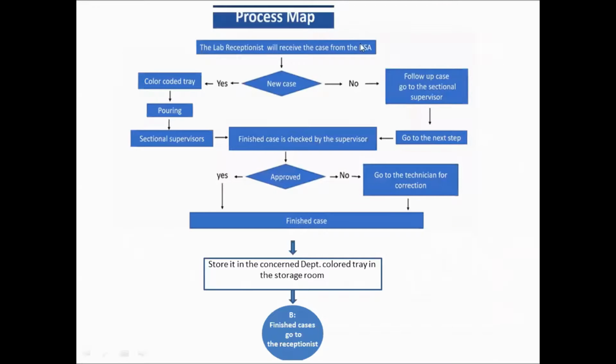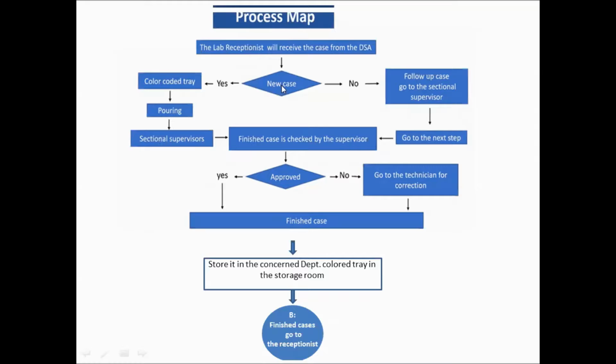And this is the process map in the dental lab. The lab receptionist will receive the case from the dental assistant. If it is a new case, it will be placed in a color-coded tray according to the specialty: resto, endo, ortho. Then they pour it and give it to the sectional supervisor, where the finished cases are checked by the supervisor.